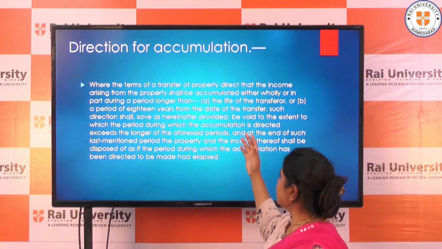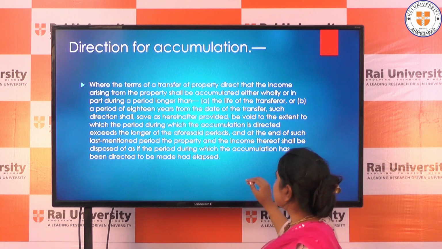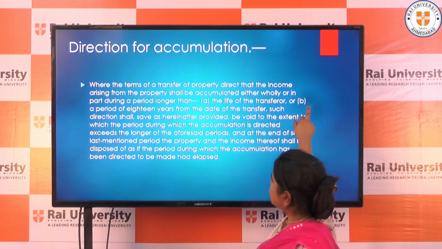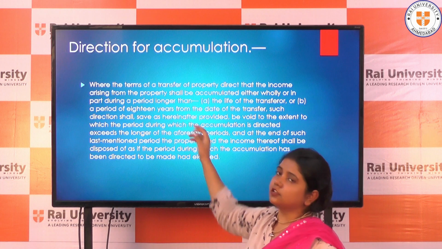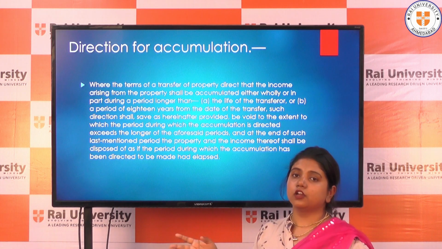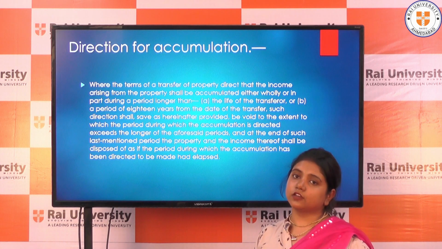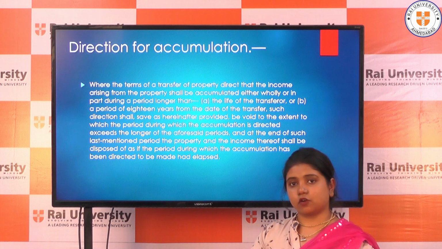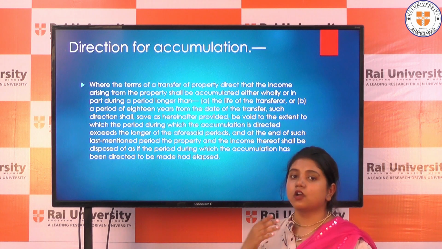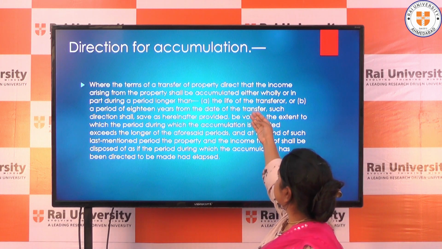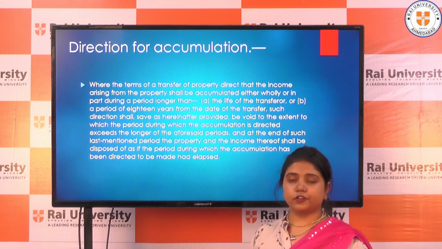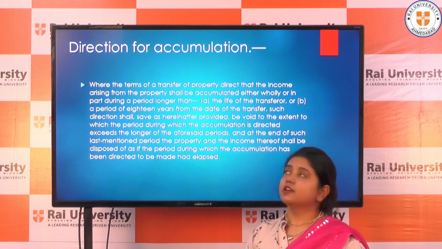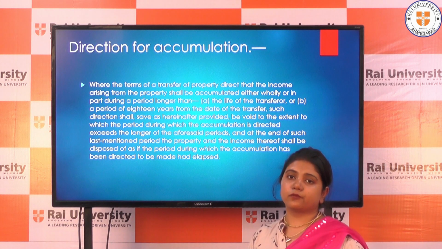The life of the transferor is over. So the next is the period of 18 years. So this will not continue for 25 years, but only for the remaining 15 years, because 3 years are already completed, and the life of the transferor is already over as per clause A of section 17 of the Transfer of Property Act.